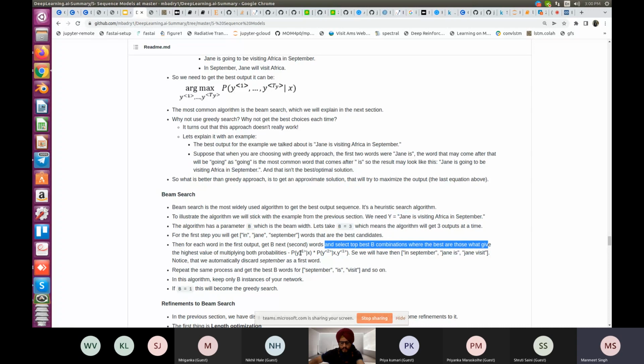So you have to find the probability of y1 given x and the probability of y2 given x and y1. So in this we will then have in September. You are basically also finding the next word using beam search.